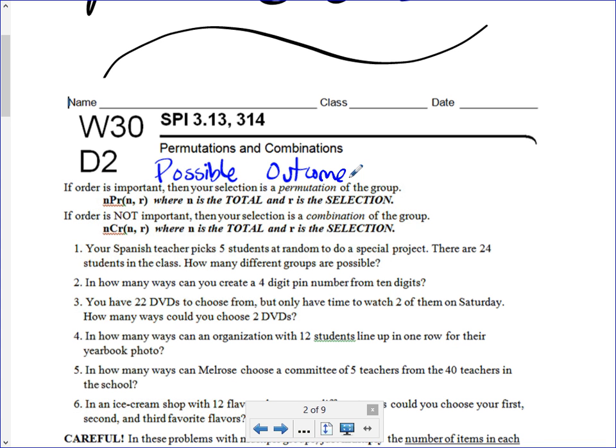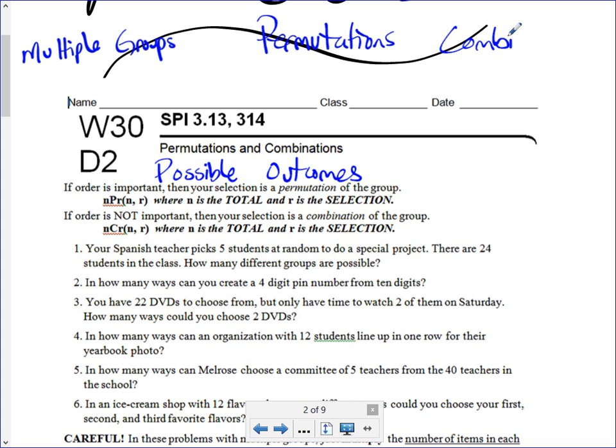This is a probability concept. There's 3 different options we're going to have: multiple groups, permutations, and combinations.